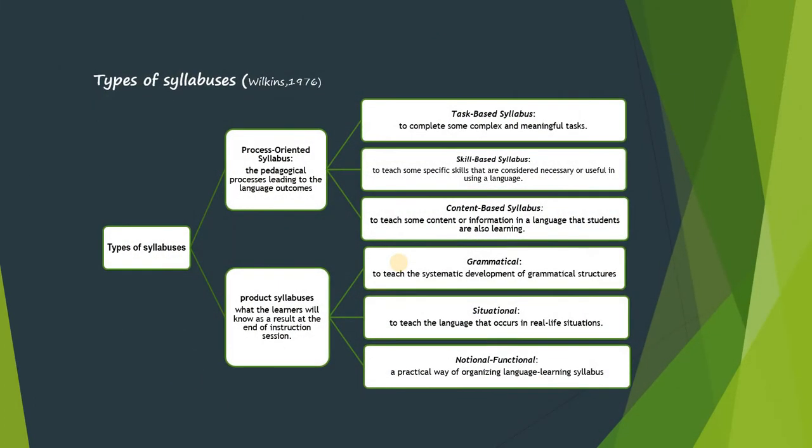Okay, types of syllabuses. Normally we have two major types of syllabuses. We have what is called the process oriented and the product oriented syllabuses. A good and valid syllabus normally covers more or less all aspects of both types of syllabuses.